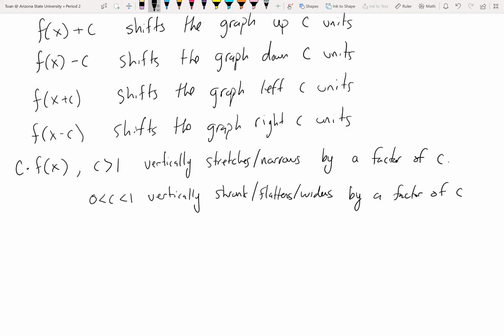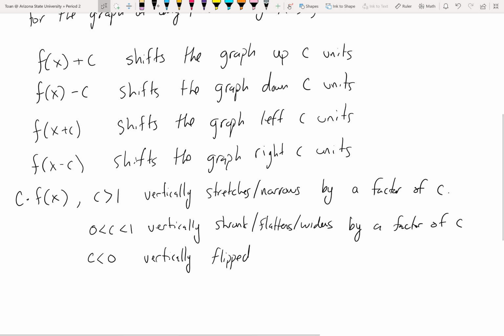If I multiply by 0.2, I vertically flattened or widened by a factor of 0.2. And lastly, we saw that if we multiply by a negative number, it flipped the graph vertically. The technical term is it performs a reflection across the x-axis. But informally, we saw that it flipped.